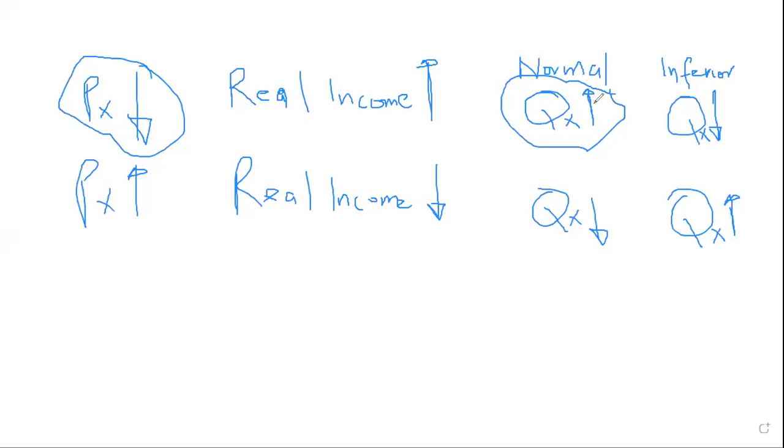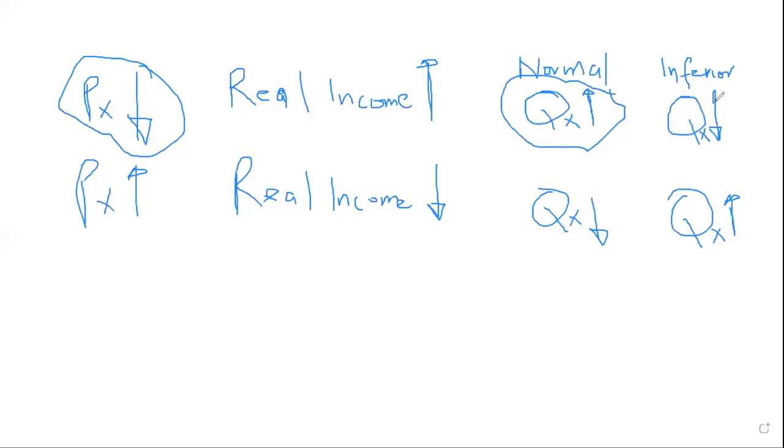So there is an inverse relationship. And that tells you that if the commodity is a normal good, the income effect is negative.